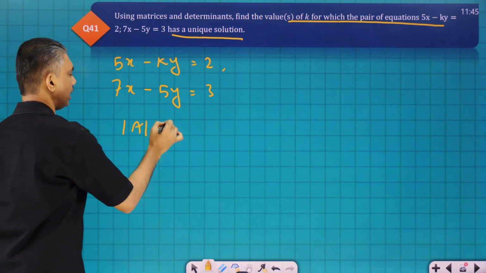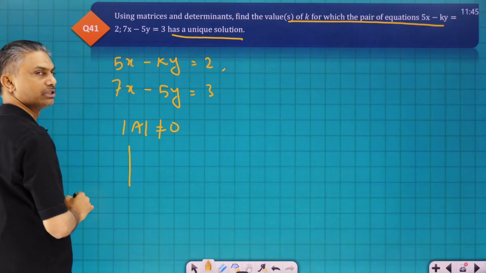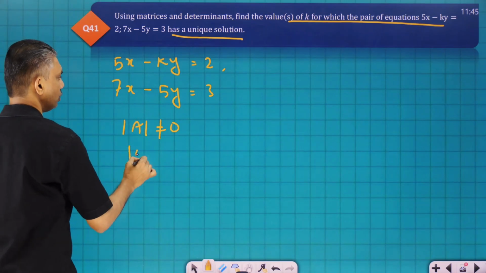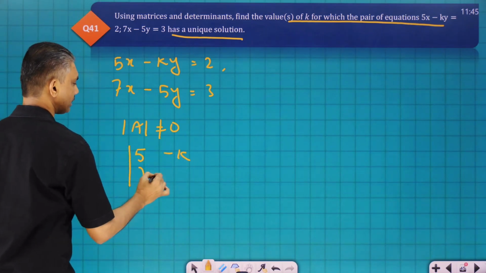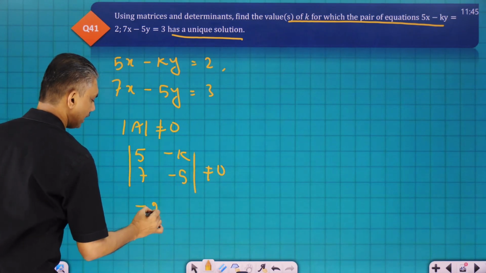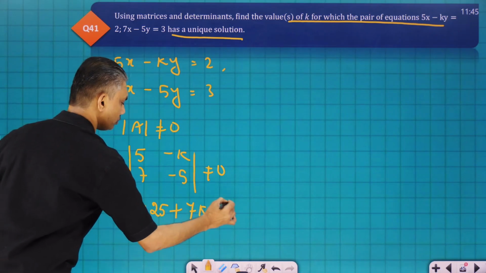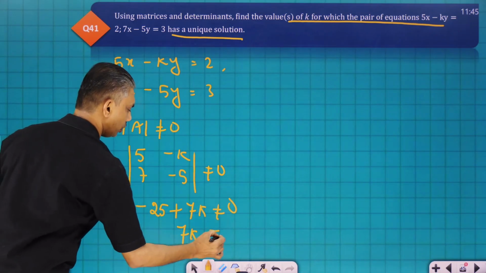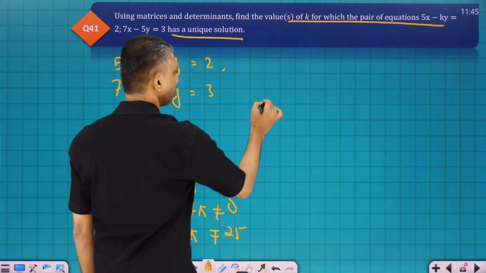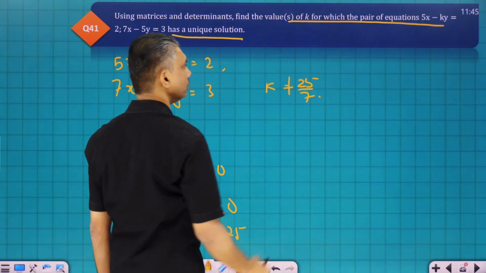Determinant of A not equal to 0, the coefficient matrix. So, determinant of 5, minus k, 7, minus 5 not equal to 0. That is minus 25 plus 7k not equal to 0. So, 7k not equal to 25, so k not equal to 25 by 7.